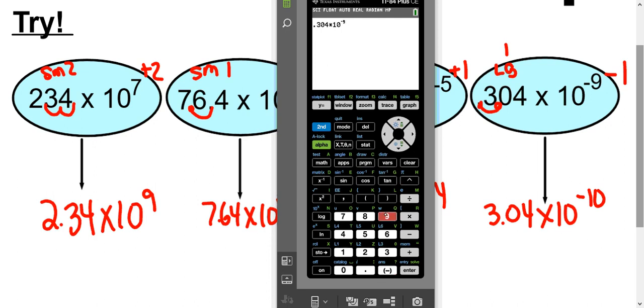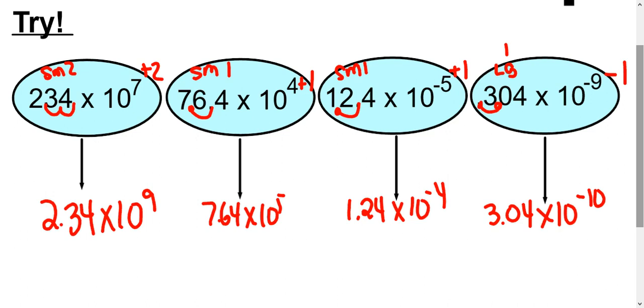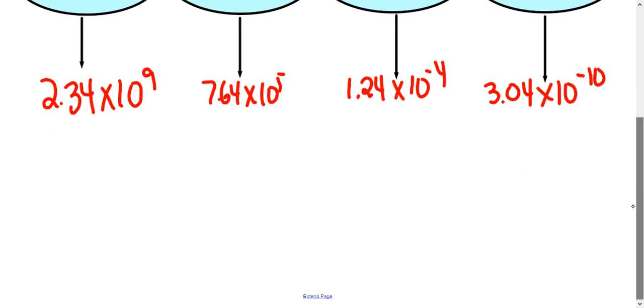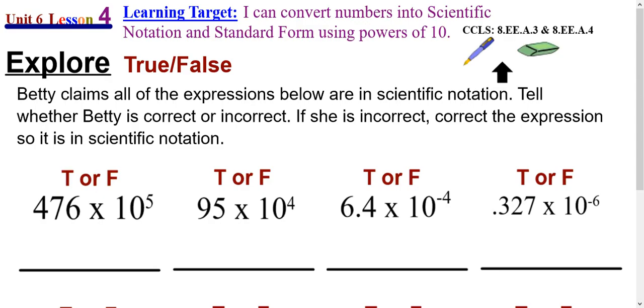Please don't put minus 9. It's the negative ninth. And then you press enter and it'll give you the answer. It's 3.04 times 10 to the negative 10, to the exponent of negative 10. And that's basically it. So you choose what you want. You'll always have your calculator. So, just go crazy.